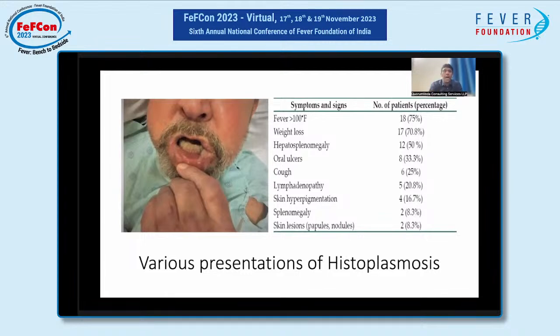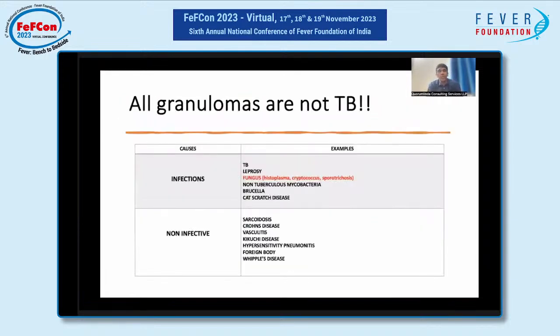Think about histoplasmosis, friends. All granulomas are not TB. Even if the biopsy shows granuloma, all granulomas are not TB. TB, yes, necrotizing granuloma. Leprosy can produce granuloma. Fungi like histoplasma, cryptococcus, sporothrix can produce granuloma. Non-tuberculous mycobacteria can produce granuloma. Brucella, cat scratch disease, these all produce granuloma.